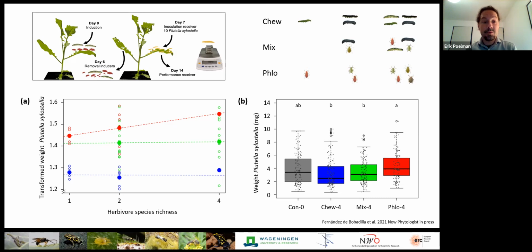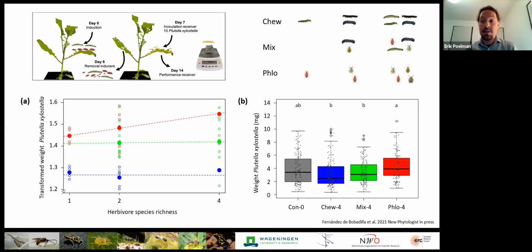It would still be able to defend itself very well, and even has higher resistance against that leaf chewing species than a control plant. If we challenge the plant with 1, 2, or 4 aphid species, we see that first of all, when aphid species were feeding, the plant was indeed less resistant against the subsequent attack by this Plutella caterpillar.